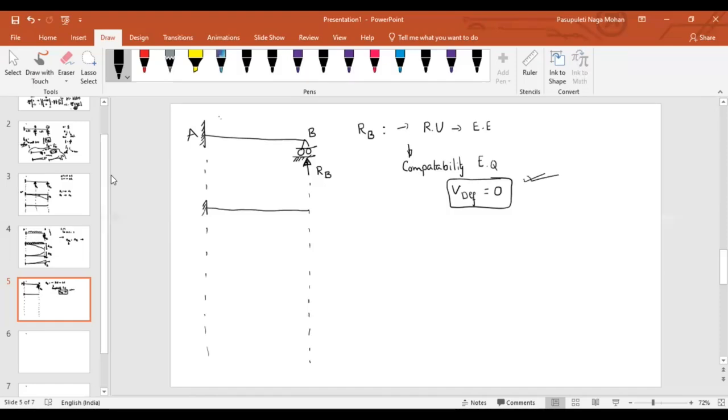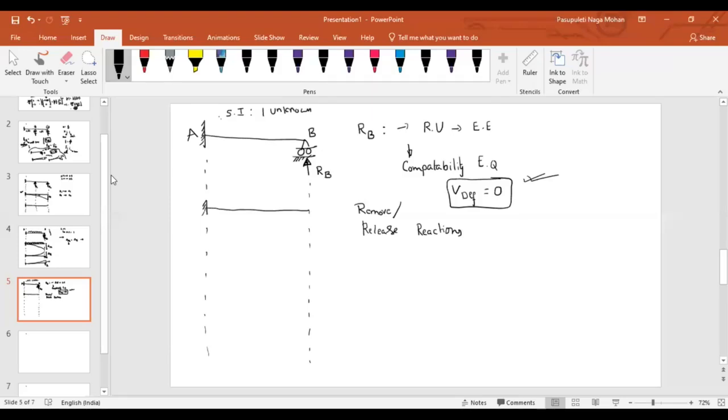Now let us apply this equation to this problem. In the first case, we have to remove or release the reaction that we have selected. We know that the static indeterminacy is 1, so we have to select one unknown.